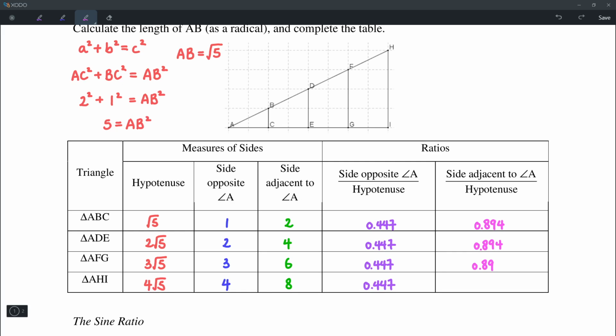So approximately 0.894. The first ratio is called the sine ratio, opposite divided by hypotenuse. And the second ratio is known as the cosine ratio, adjacent divided by the hypotenuse.